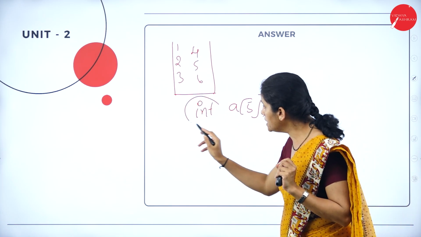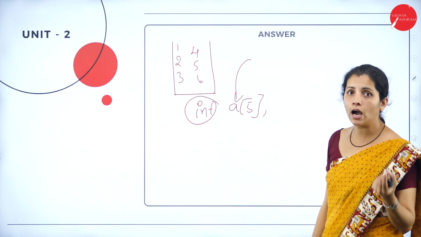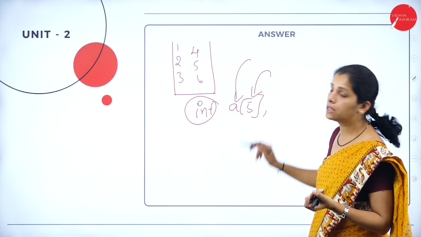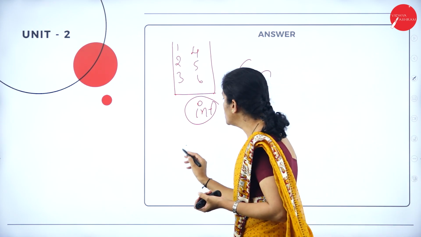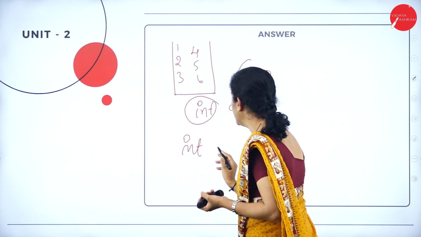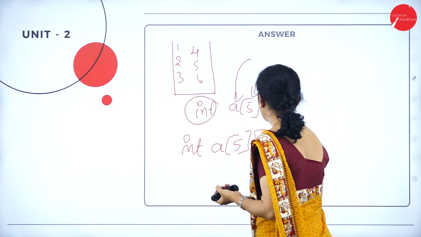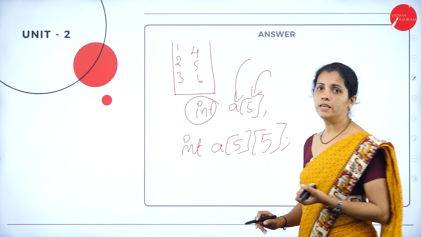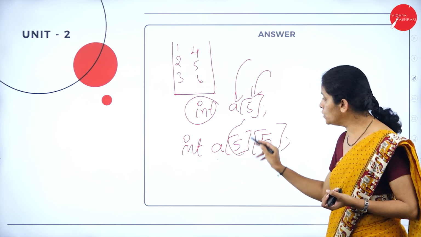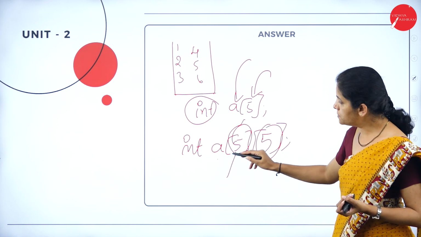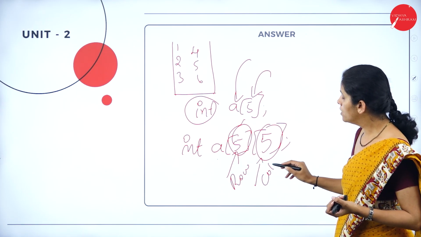Here int is nothing but the data type, a is nothing but the name of the array, and 5 is nothing but the size of the array. Okay, fine. If I consider a two-dimensional array, for example, int a[5][5], see here, to access an element I require two indexes. One is my row and another one is my column.